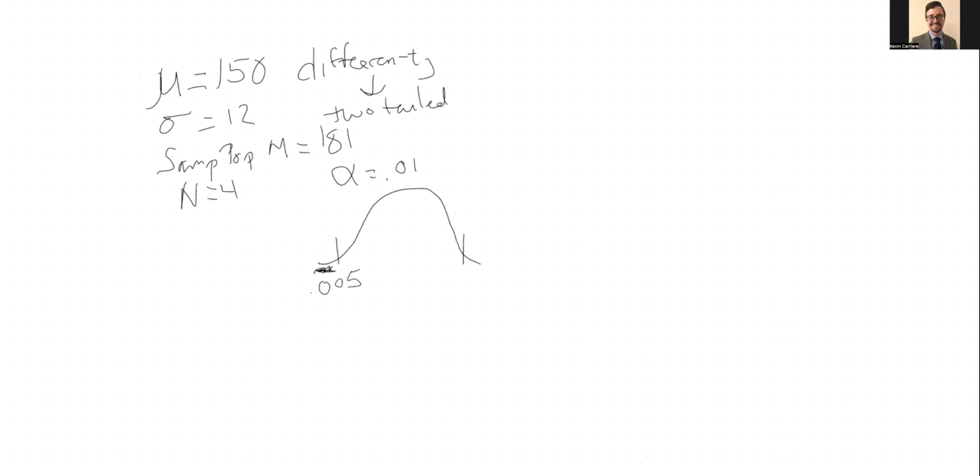So the first thing I do is read the problem and write down as much information as I know. This side is 0.005, and likewise this side is 0.005. And here's our line down the middle.